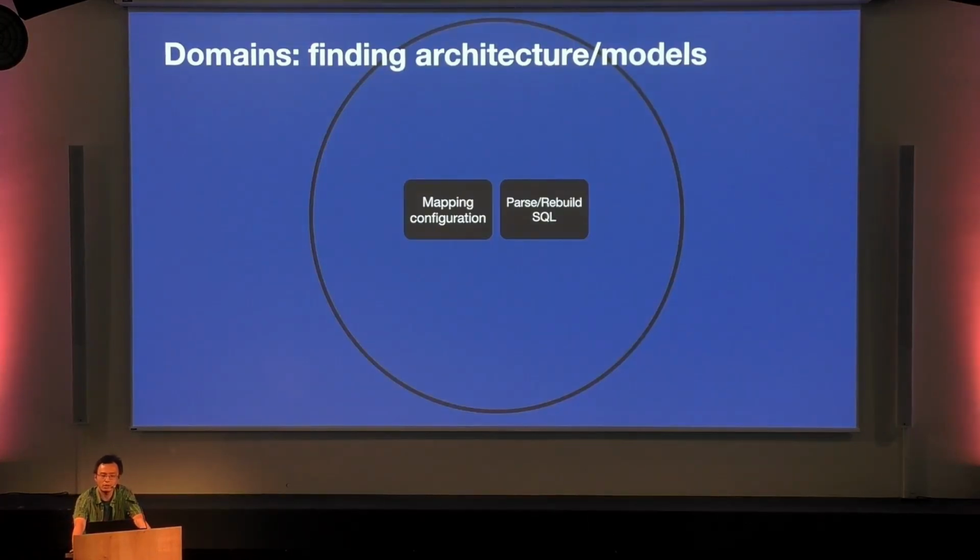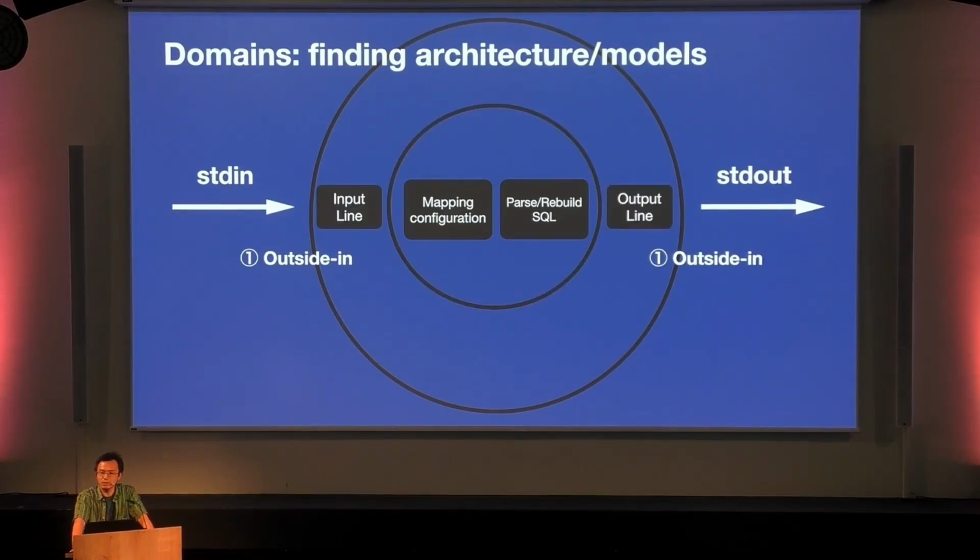So here, when I did the architecture with TDD, the input and the output were clear for me, and I started from outside in, just with standard input and standard output. Next, I tried modeling. So map a configuration, and then go for the pattern rebuild. I used inside out.